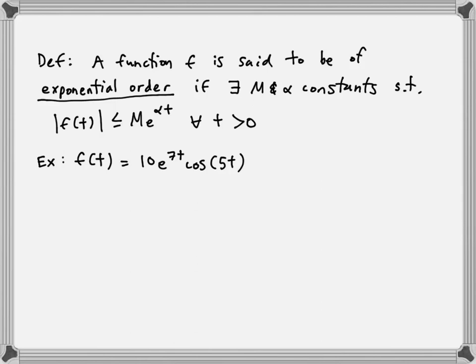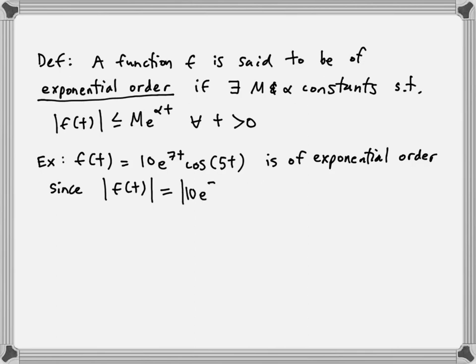This function here is of exponential order since the absolute value of f of t, if you actually take this absolute value, is going to be less than or equal to, since cosine of 5t is less than or equal to 1, 10 e to the 7t.